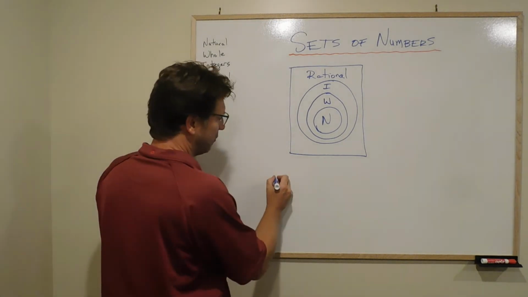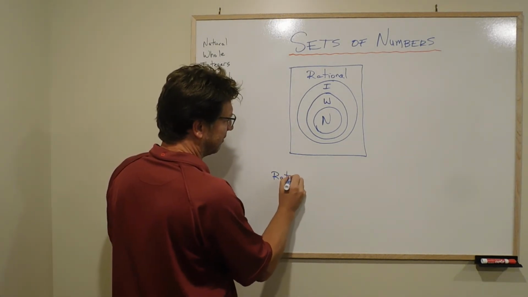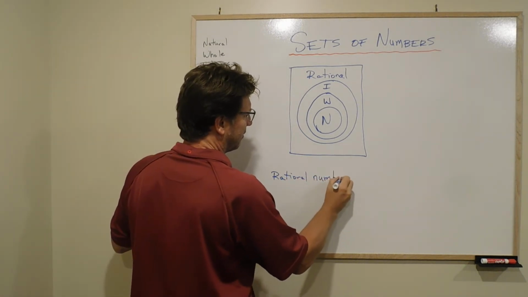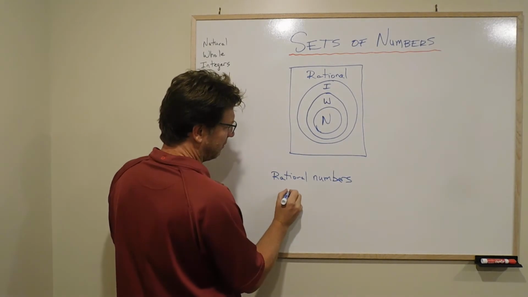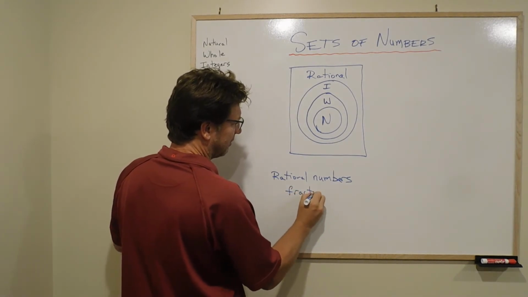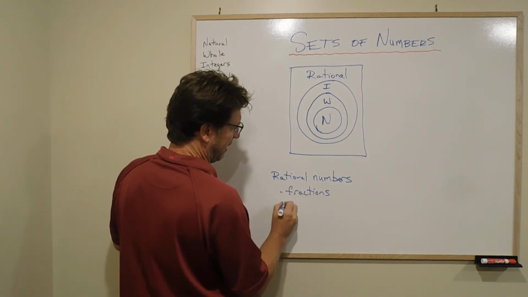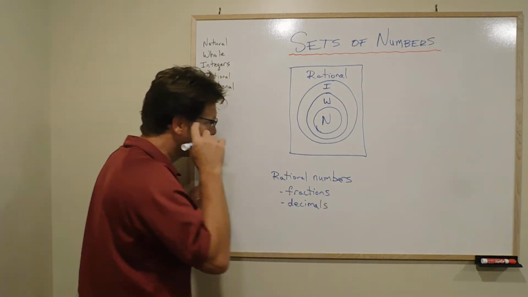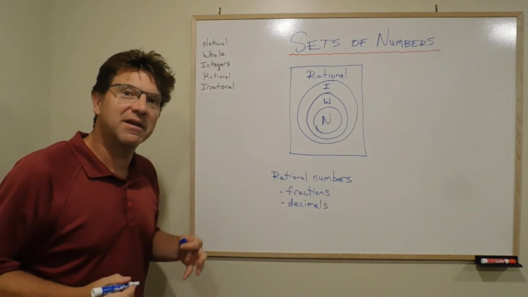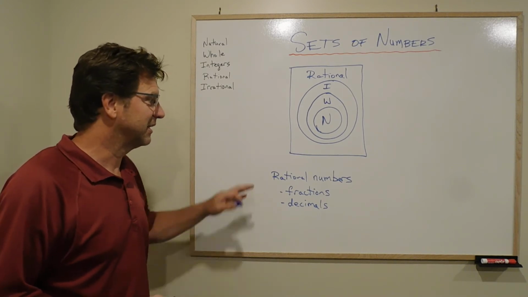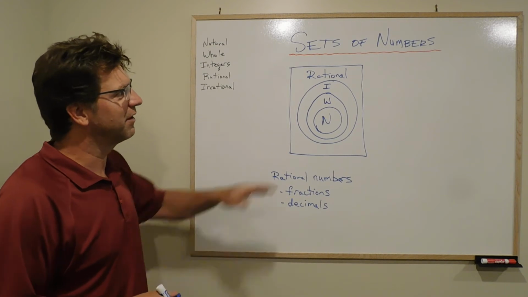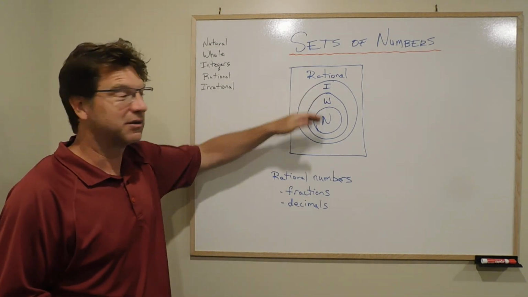Okay? So rational numbers include fractions and decimals. Okay? So anything that can be written as a fraction is a rational number. And you might say, hold on, why are all the integers rational numbers?